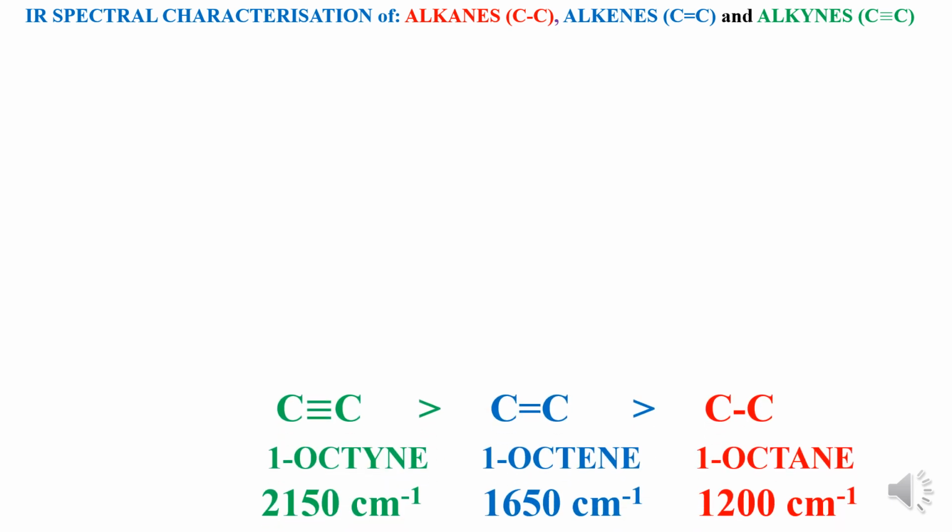So I'll explain the IR spectral characterization of alkanes, alkenes and alkynes, employing the IR spectra of 1-octane, 1-octene and 1-octyne as representative examples.